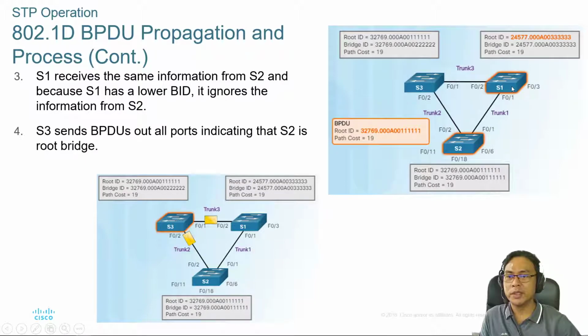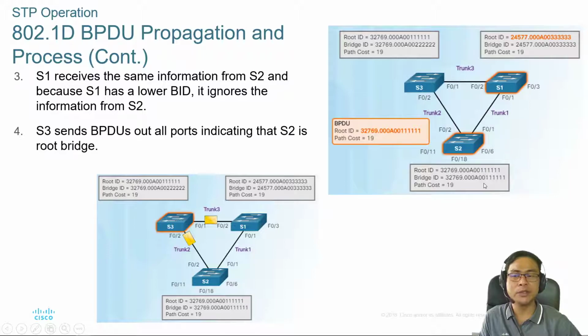So S1 will send a BPDU to S2, but of course the root ID, after comparing, the lower value after S1 received the message from S2 earlier, it ignored the 1111, 32769, the 000A00111.